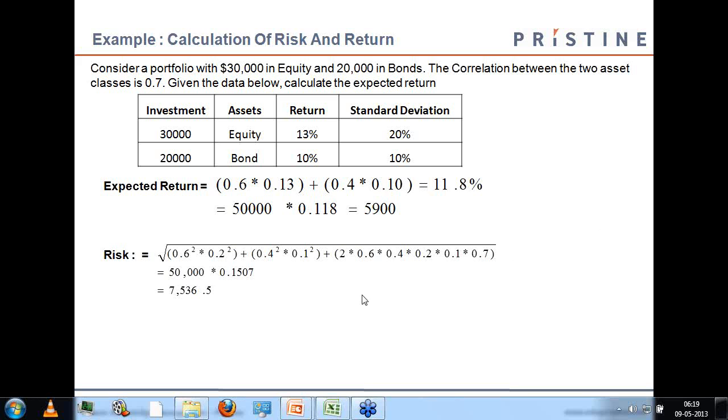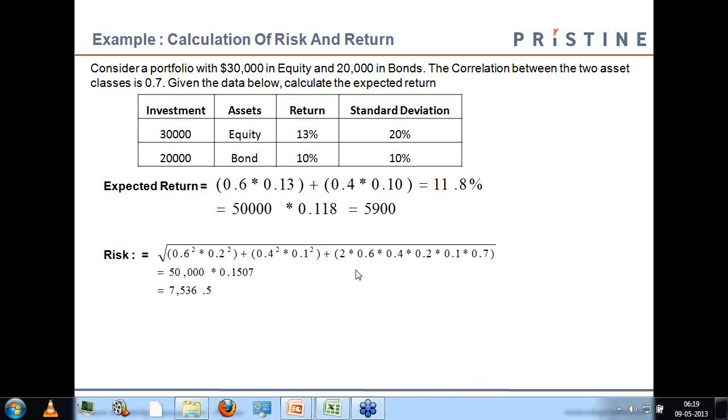Expected return won't be the same as the risk if they are positively correlated. As you can see, you can use this formula, you can put rho as 1 in this case, then your risk will come out to be the weighted average of your risk, that is the standard deviation.